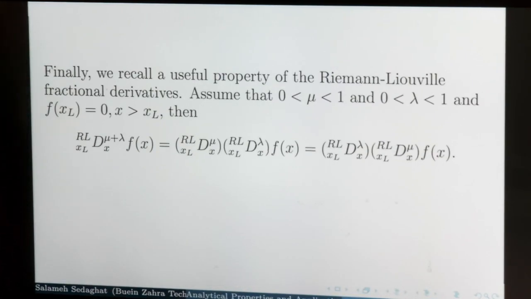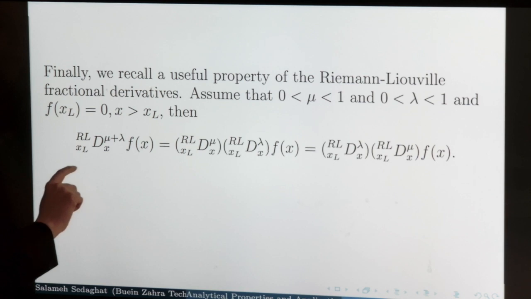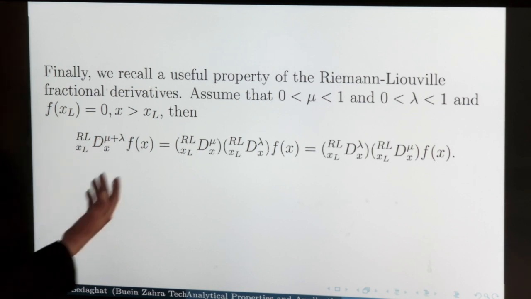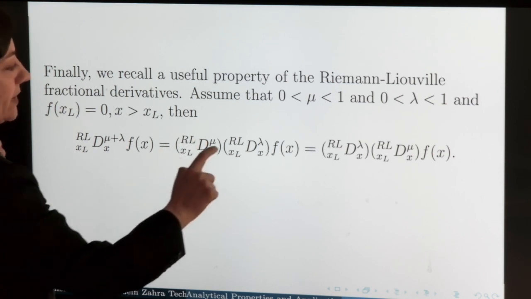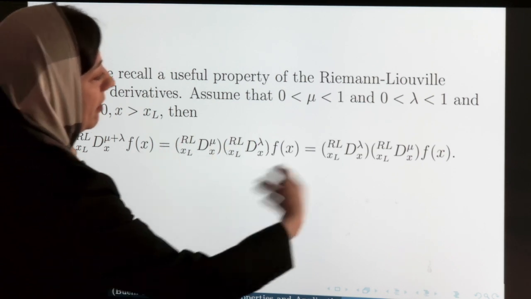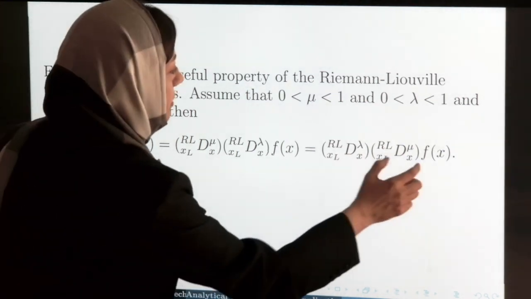Finally, we have another property: the left-sided Riemann-Liouville derivative of order mu plus lambda equals the Riemann-Liouville derivative of order mu times the Riemann-Liouville derivative of order lambda, and we can exchange these two terms.